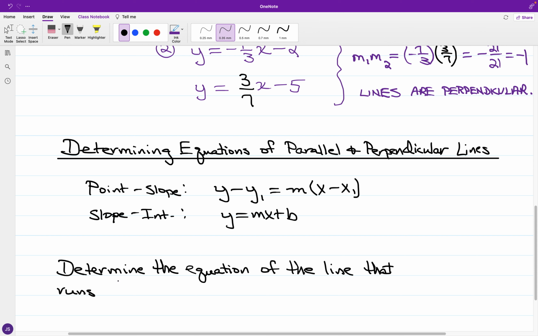So we determine the equation of the line that runs parallel. Actually, let me do this. Let's say I have it run through a particular point.